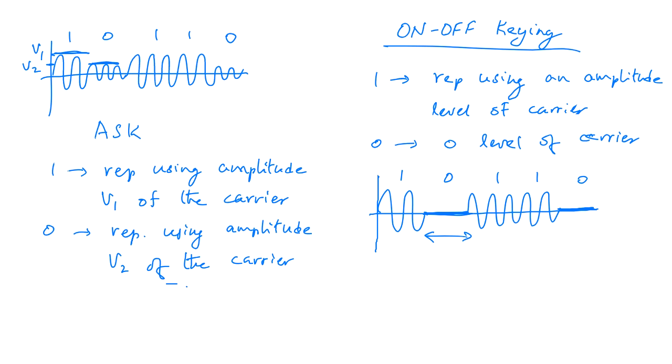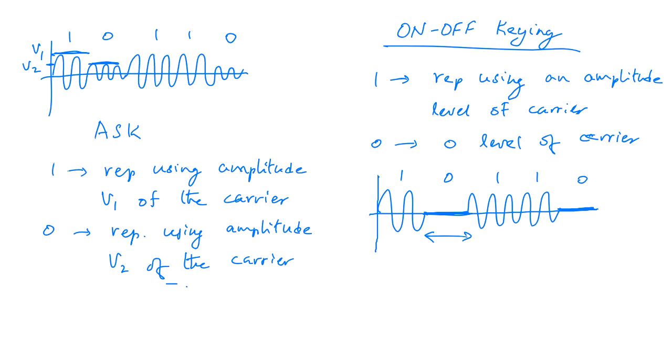And if the bit we want to transmit is a 0, just switch off the carrier for that duration so that nothing is transmitted, and that will be interpreted as a 0 bit. So we call this on-off keying, and the reason for doing this is because it simplifies the implementation of the amplitude shift modulator.